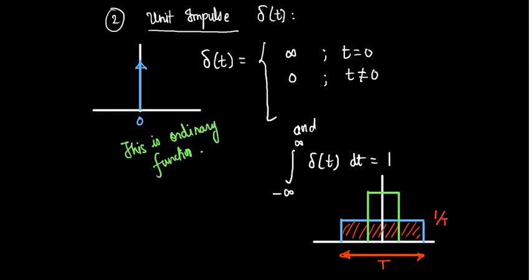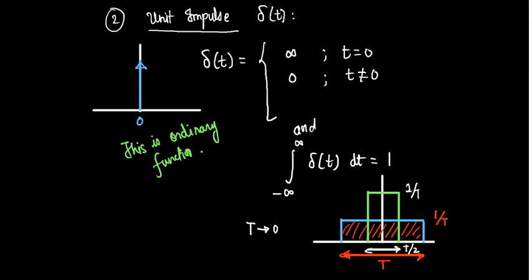It has been divided by half. Let's assume that this width is t by 2. What is the height that we expect? Is the area 1? You go on until t tends to zero. Now can you appreciate the area?